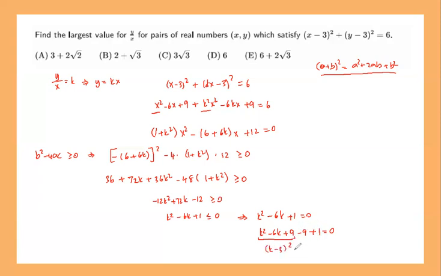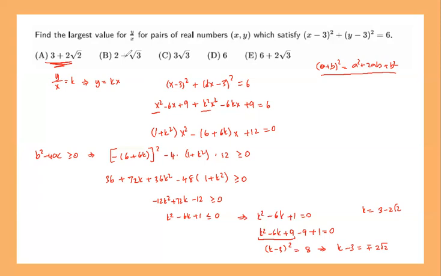The negative 8, if you move it to the other side, is 8. Take the square root, so k minus 3 would be plus or minus 2 root 2. Add 3 to both sides, so you get 3 plus 2 root 2. You could also say k is equal to 3 minus 2 root 2, but this number is smaller, and we are looking for the largest, so it is going to be choice A.